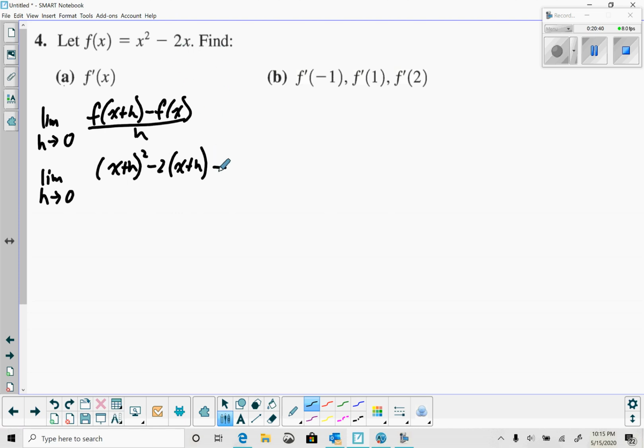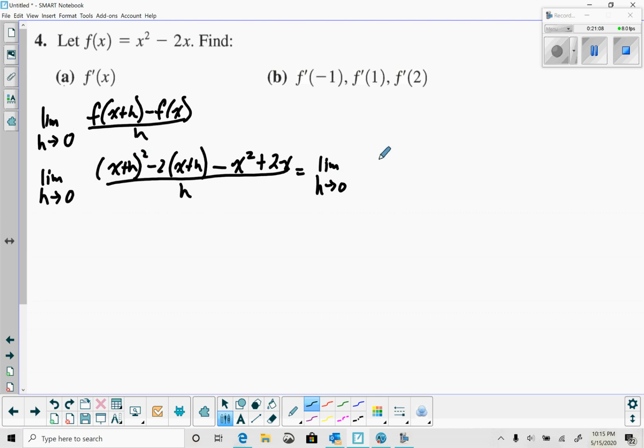There's only 2 terms, so I think we could do this rather safely here, where we have to subtract the positive x squared. That becomes minus x squared. But we also have to subtract the negative 2x. That turns that into positive. Still all over h.